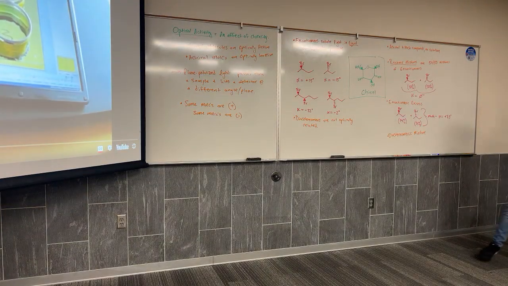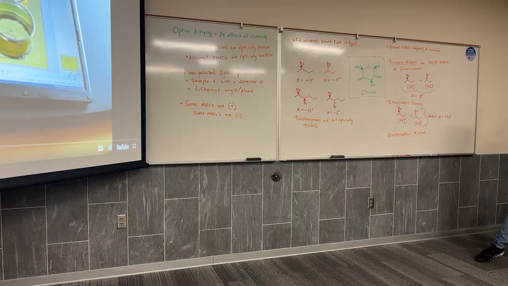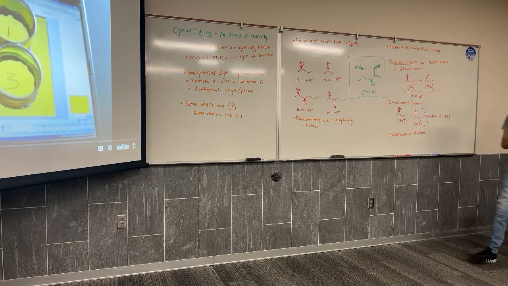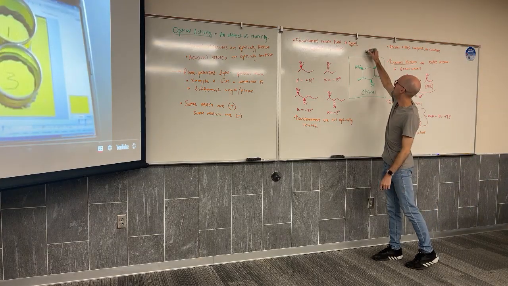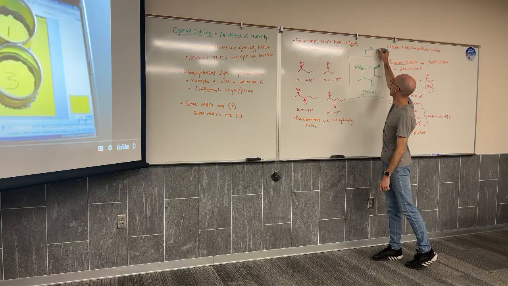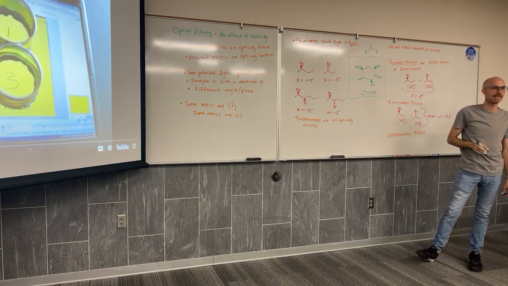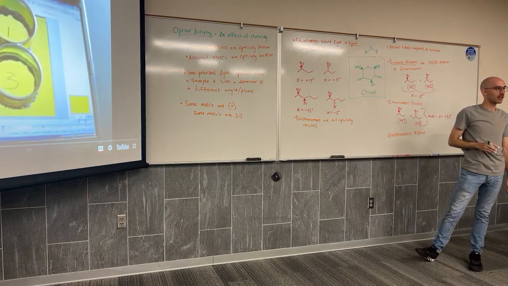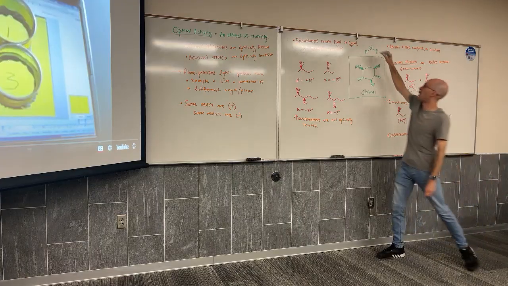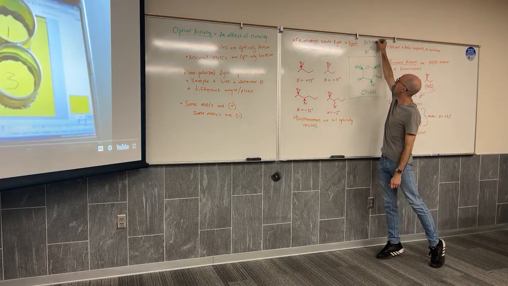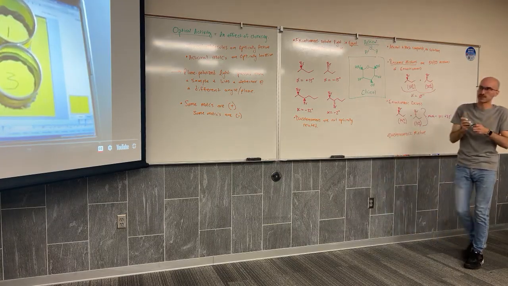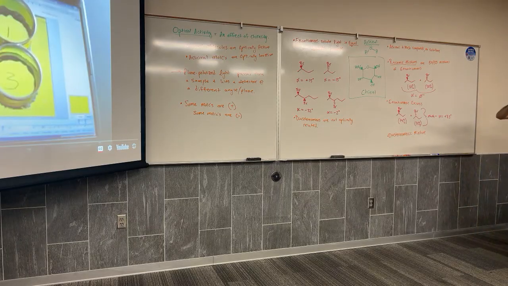Here, he's got 4 different solutions. One is water. How will water affect this plane polarized light? It will not rotate light because water is achiral. So he's got a sample of water.